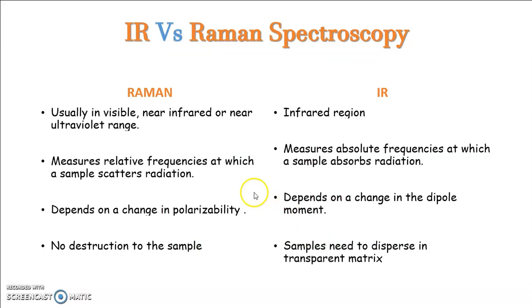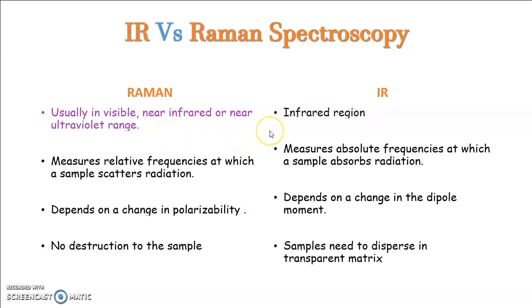Now we are comparing IR spectroscopy with Raman spectroscopy. Both IR and Raman spectroscopy are types of vibrational spectroscopy. Raman spectroscopy works by the detection of light scattering, known as Raman scattering, of monochromatic light, usually in the visible, near IR or near UV range.